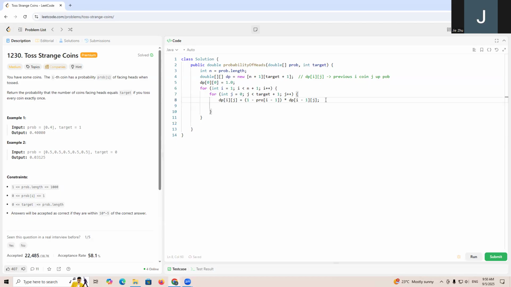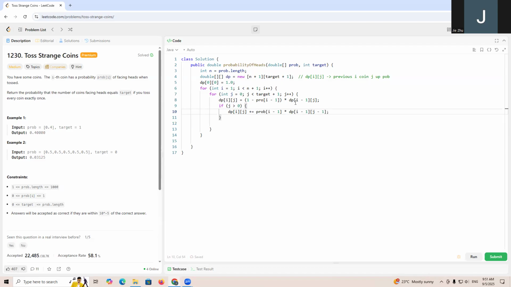And also, because we want j minus 1, we'll write if j is greater than 0, then dp[i][j] plus equal to the current one facing up, and for the previous one we have j minus one face up.